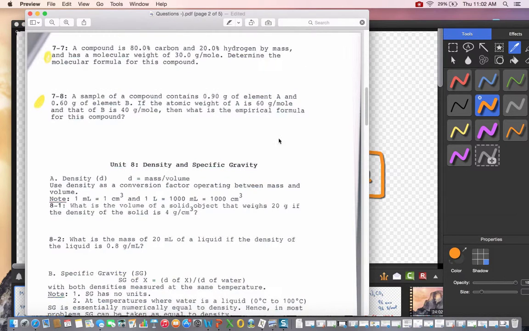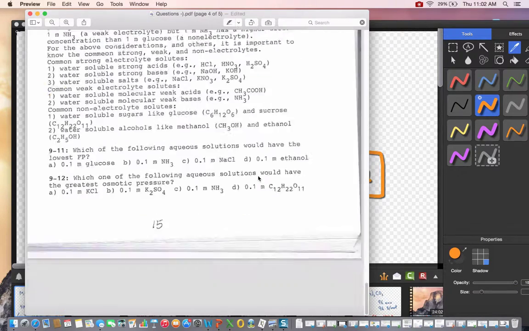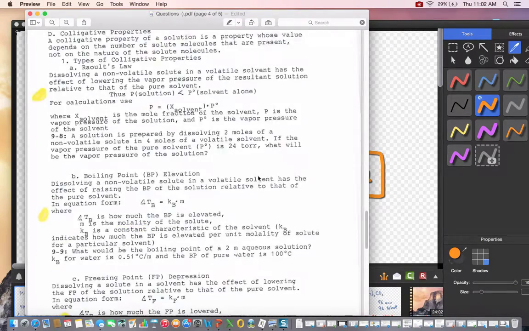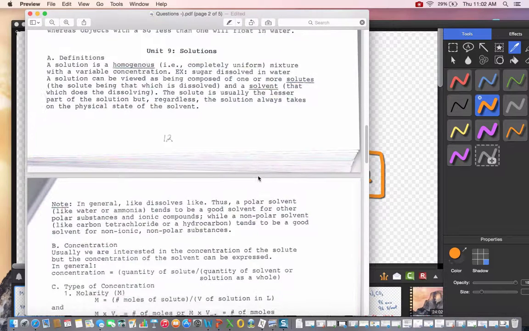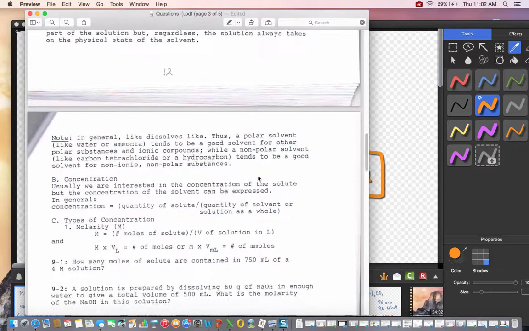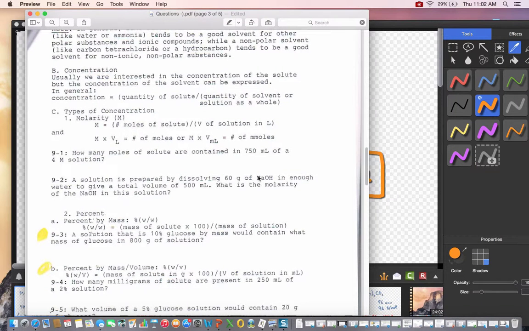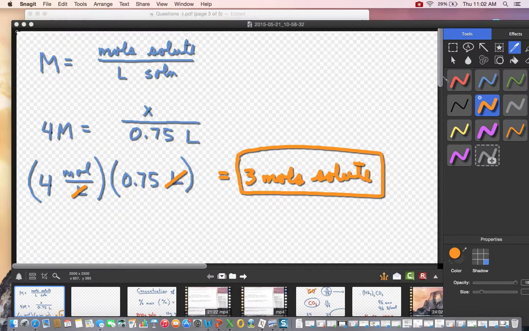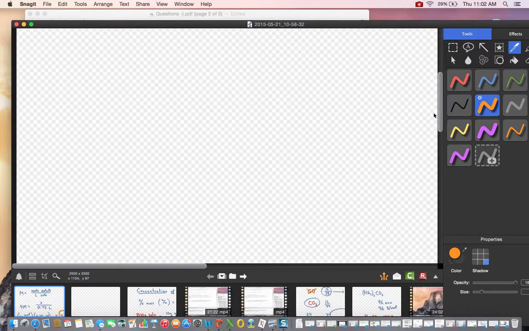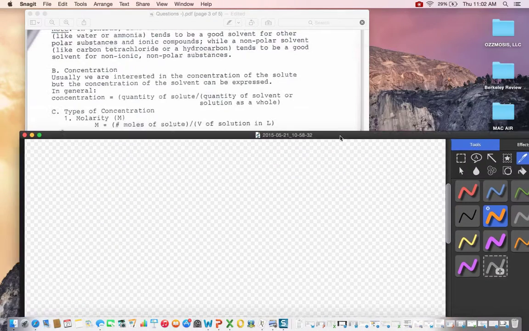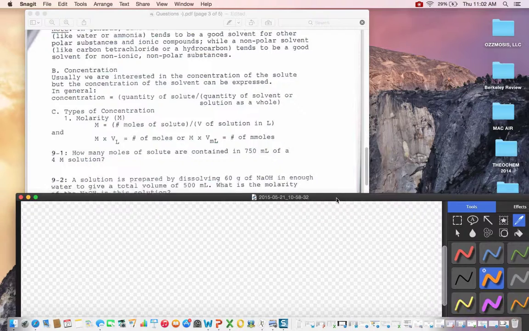Let's also, let me find it. 9.2. A solution is prepared by dissolving 60 grams of NaOH in enough water to give a total volume of 500 milliliters. What's the molarity of NaOH? This one's pretty simple, just application of the definition. So we have 60 grams of NaOH.